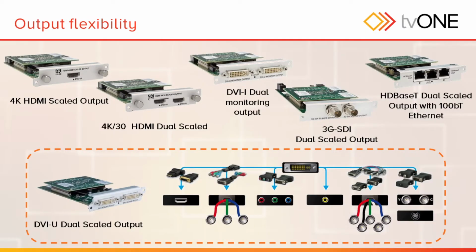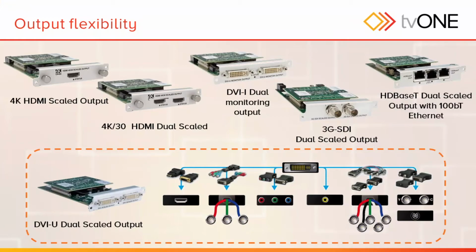On the output, we have a mix once again of a 4K output card, so single and dual. We have a DVI-U dual monitoring card. That's what's feeding this screen behind me, the single screen there to my right. It's got two outputs.